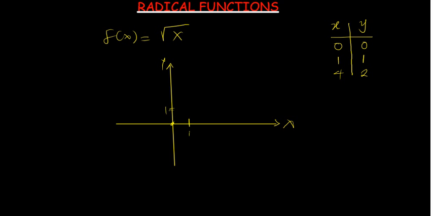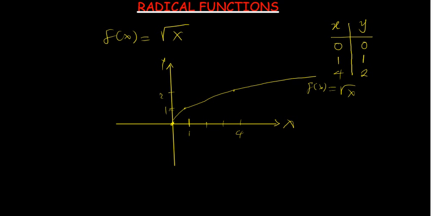From 1, 1, we've got 4. Let's say this is 2, 3, 4. We've got 4, 2. So these are the points which we have. We notice that our graph is going to move something like that and then continue going like that. So that is a radical function. That is the sketch of the function f of x is equal to the root of x.